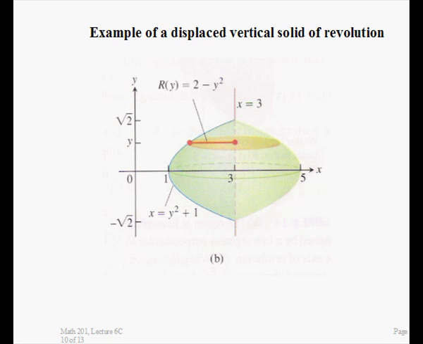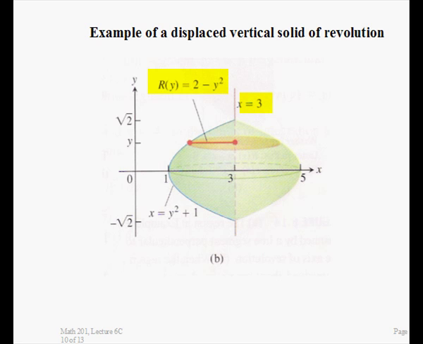Here is an example of a displaced vertical solid of revolution. The one I showed you before was symmetric about the x-axis. This is symmetric about the vertical line x equals 3. But still, every cross-sectional area is a circle. Right? So the radius is 2 minus y squared. That's given here.